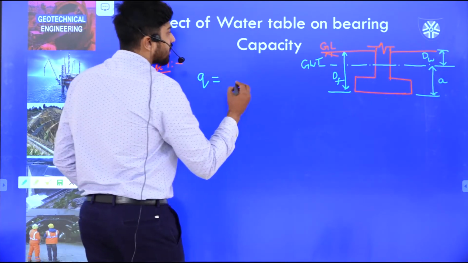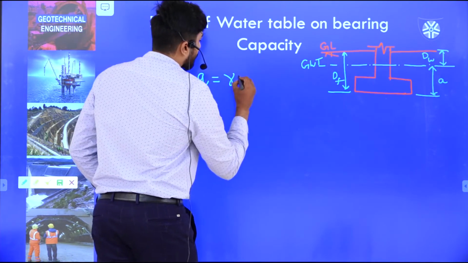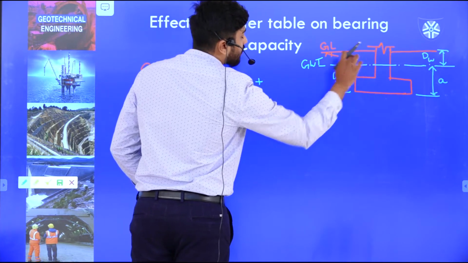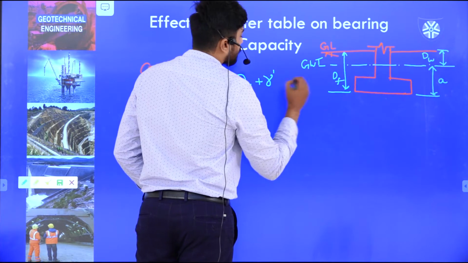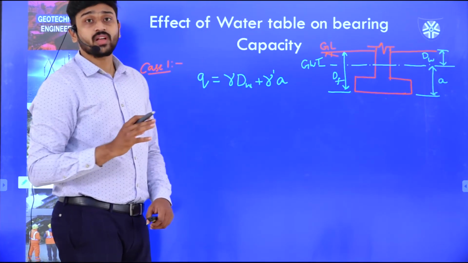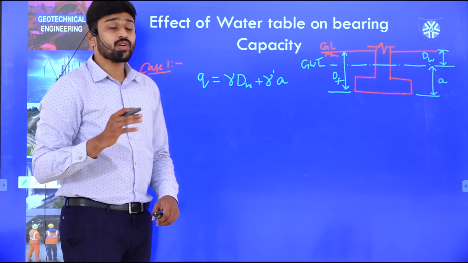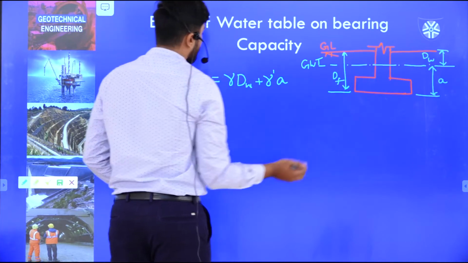We can denote it as gamma into Dw plus, since this part is submerged, gamma dash into a. And from the diagram, a can be written as Df minus Dw.